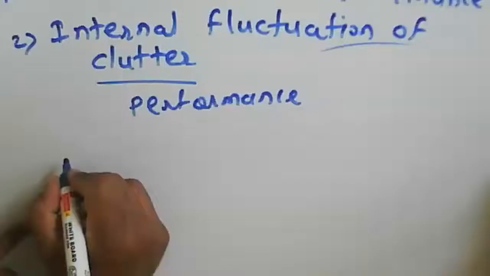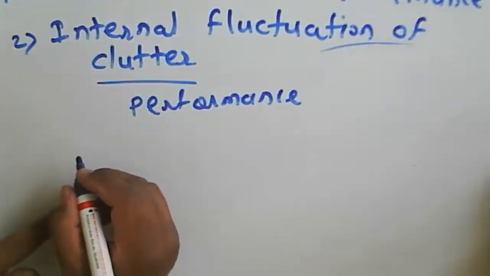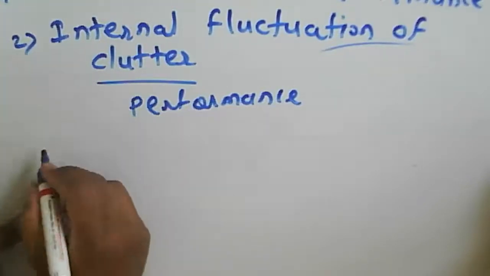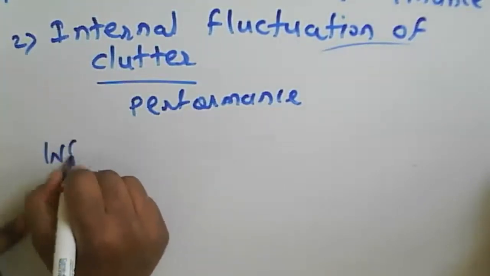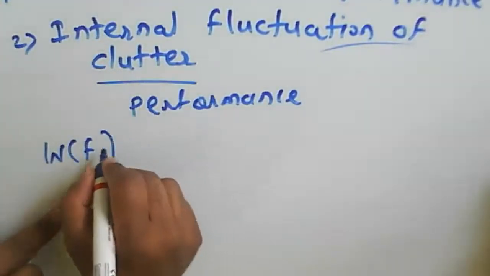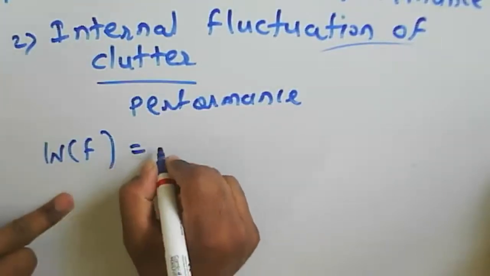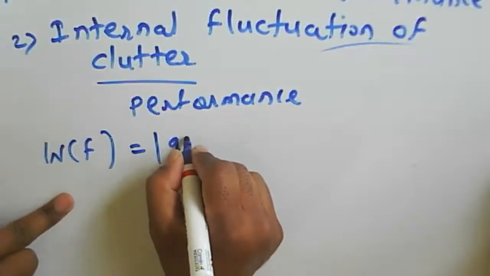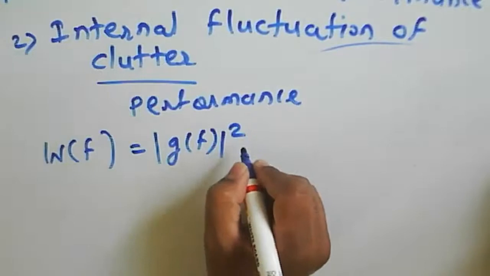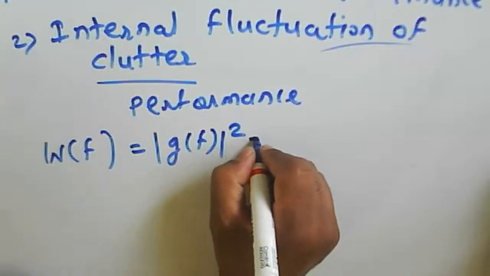Now for the given particular clutter, the power spectrum as a function of frequency, W of f, that is the clutter power spectrum, is in terms of the Fourier transform of the input waveform.